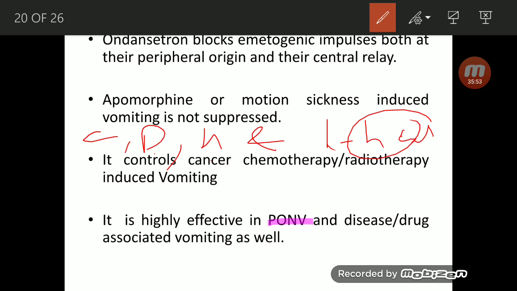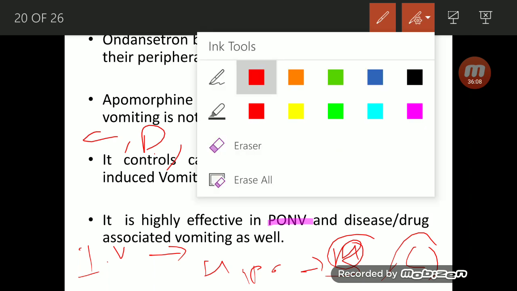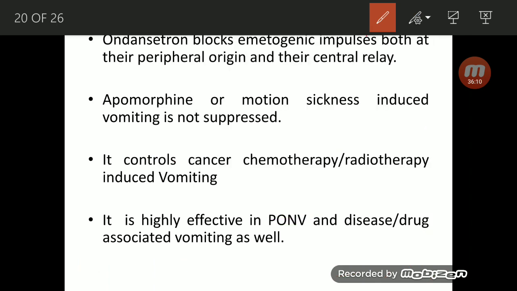When it is given through IV injection, hypotension can be produced, bradycardia can be produced, as well as chest pain. So these are the adverse effects of ondansetron.